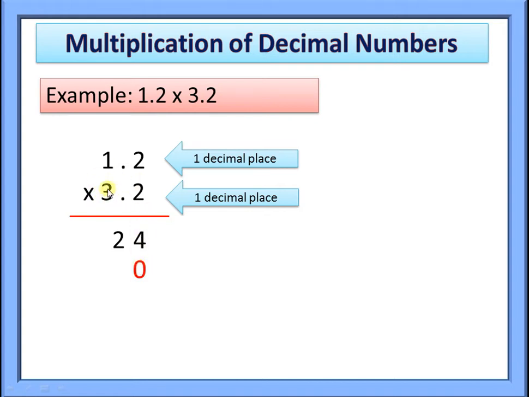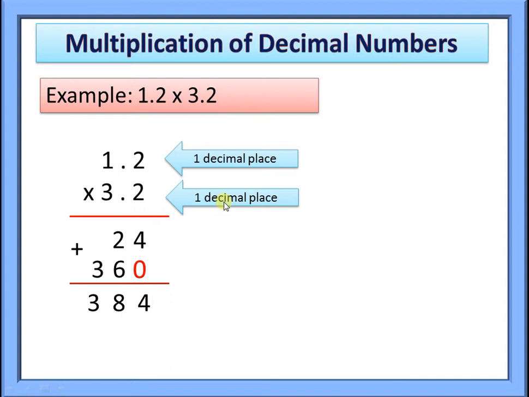So the next thing is to multiply 3 by 2, that would be 6, and then 3 times 1, that would be 3. And then perform the addition as an operation. So the answer will be 384.